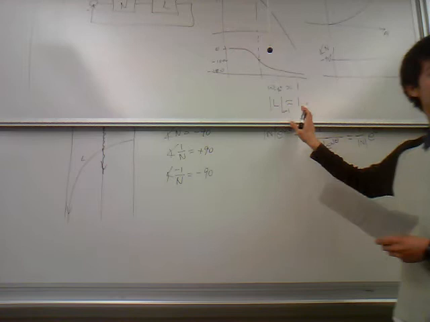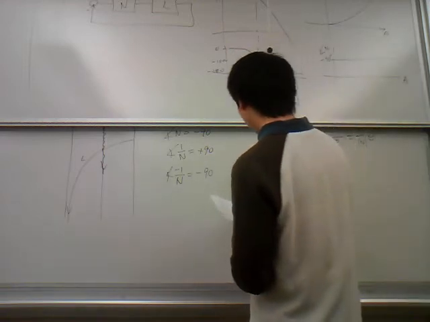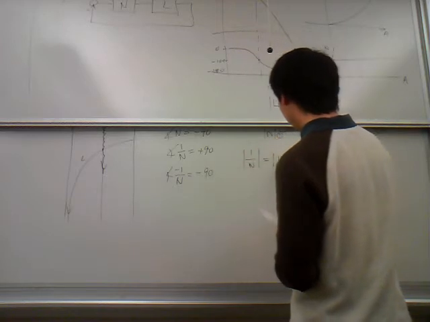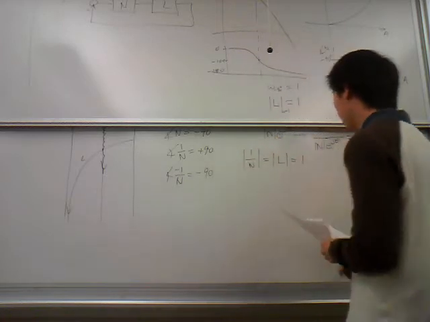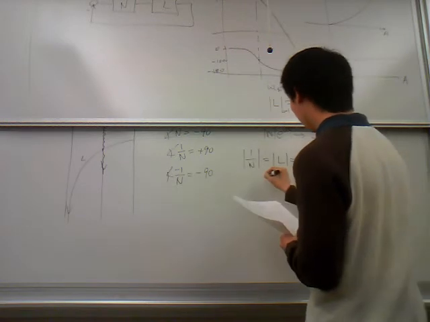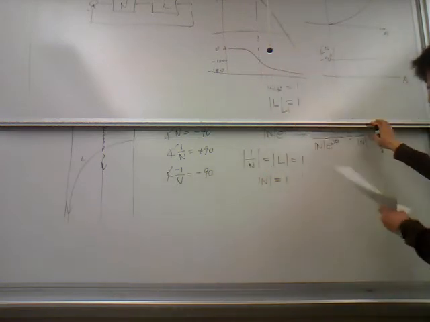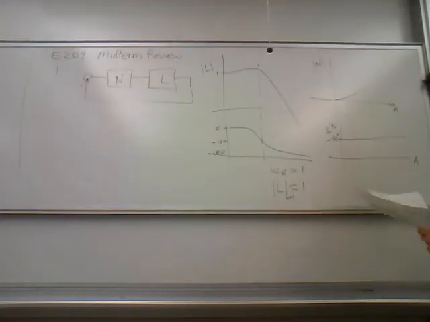Approximations are okay during the test. So we have the magnitude of 1 over N equals the magnitude of L equals 1, which means that the magnitude of N we want is 1, and just label this.